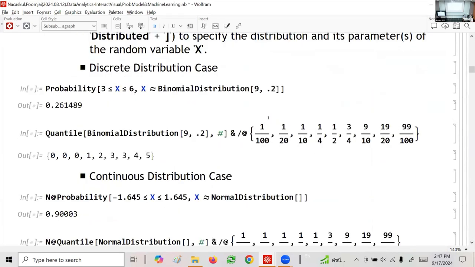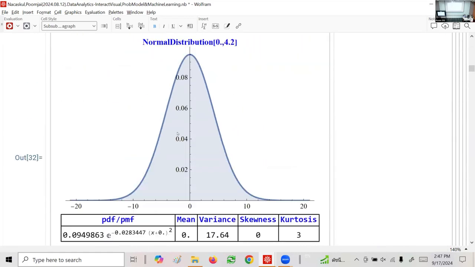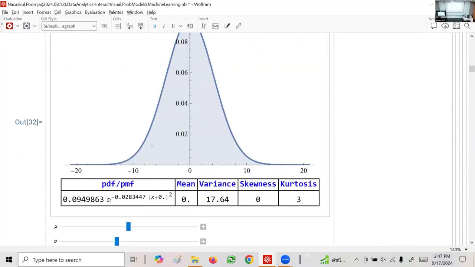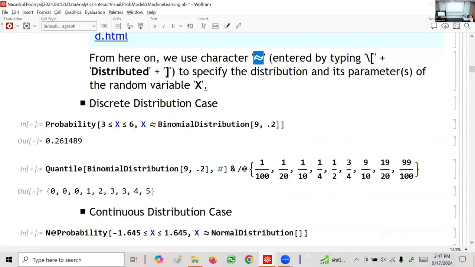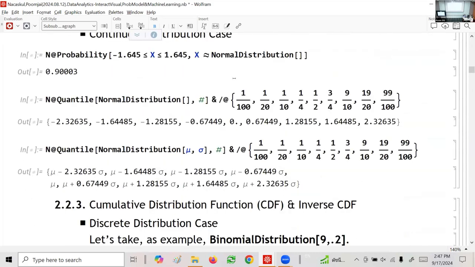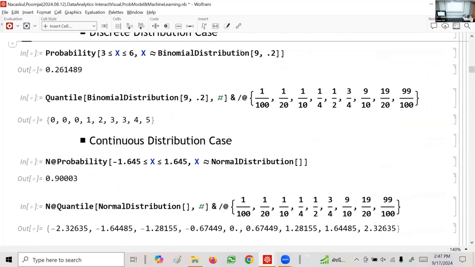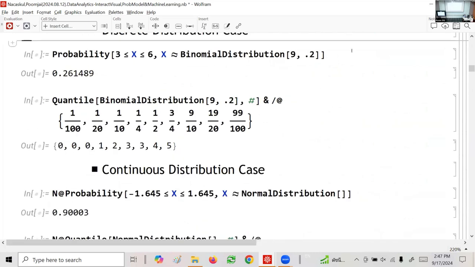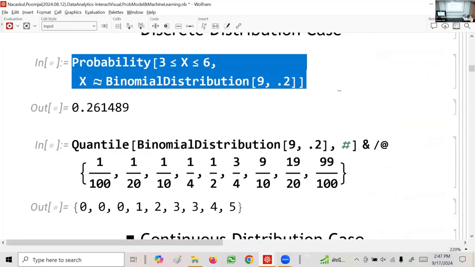Now, when you go to here, this is where you adjust the mean. Okay, fine. Probability and quantile. You know this quantile function, right? So this is basically the example you should keep in mind.